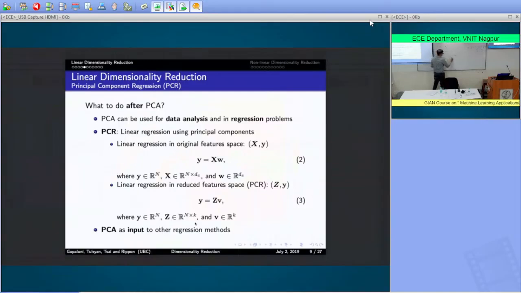Where we've used something called singular value decomposition. Are you familiar with singular value decomposition? Yeah, you are familiar.